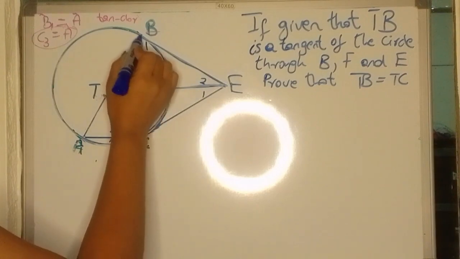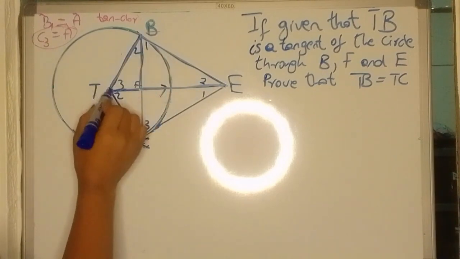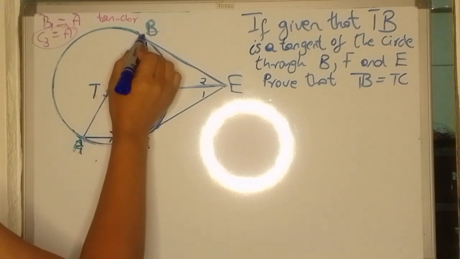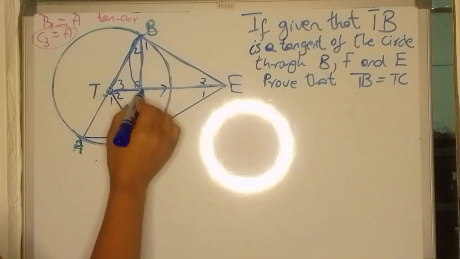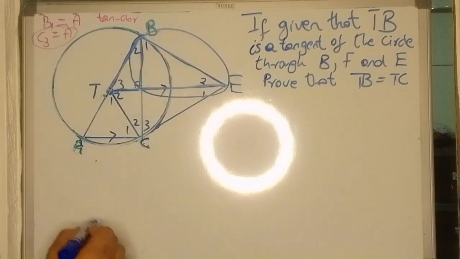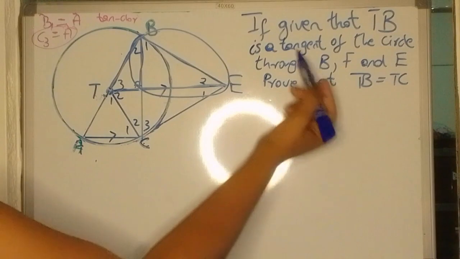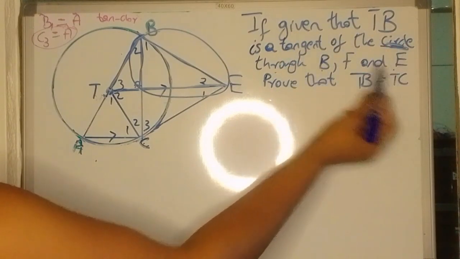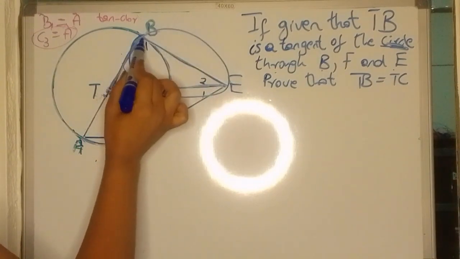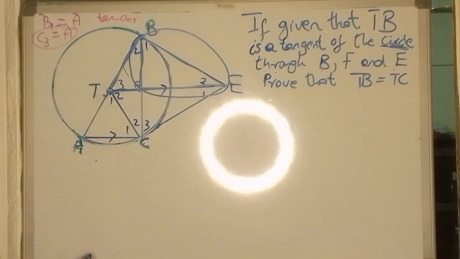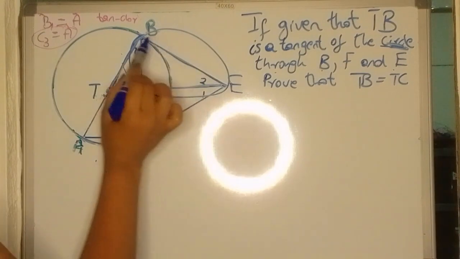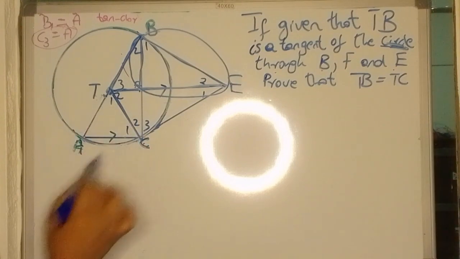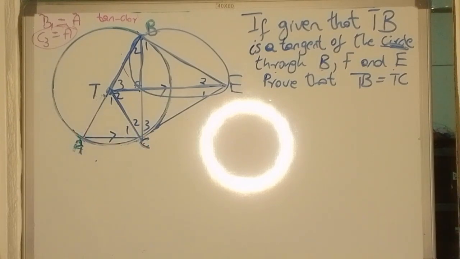We have to imagine that TB is a tangent of the circle through BFE. So in our head, we need to have this circle, that smaller circle, that's what they are saying. That's why I created a circle on BFE. Prove that TB is equal to TC. Alright, let's start with that one.